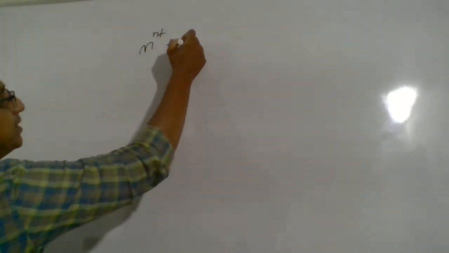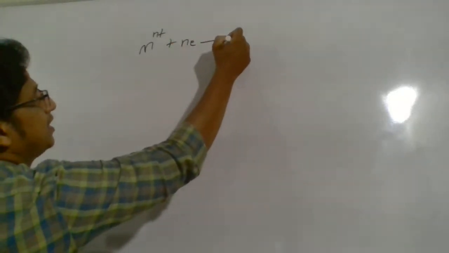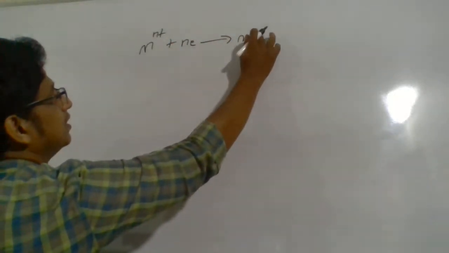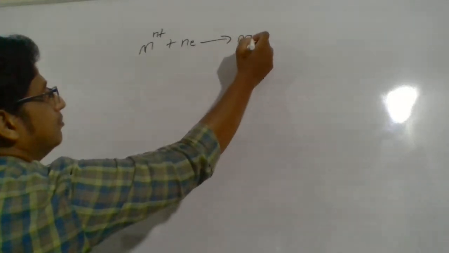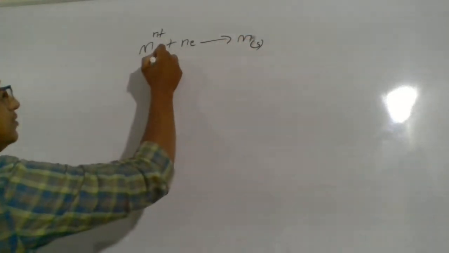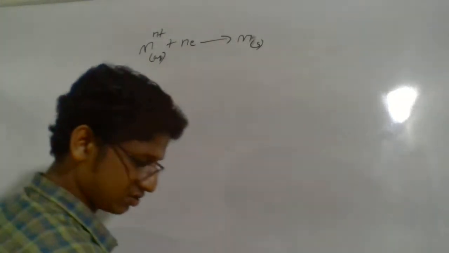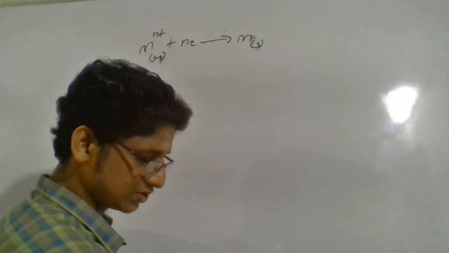Imagine a general electrode reaction as M^n+ plus n electrons gives M. So this is a general electrode reaction, and we already know the Nernst equation. Let us now derive it here.